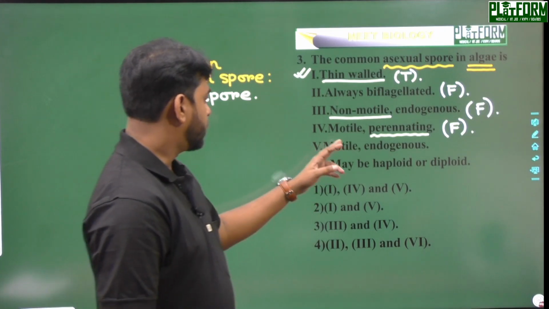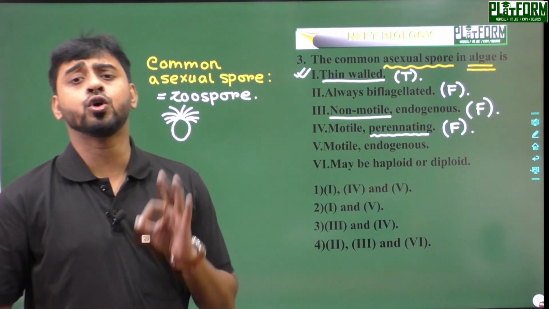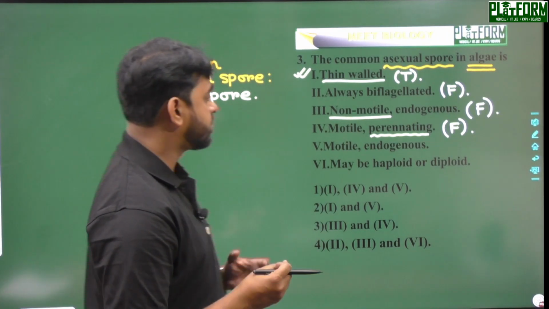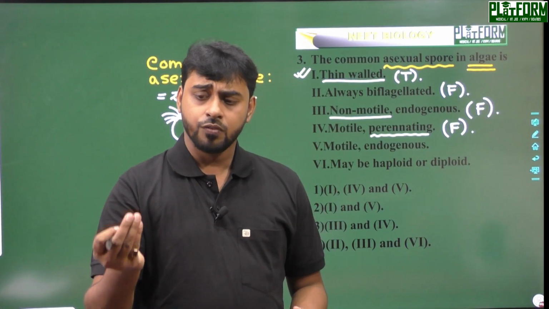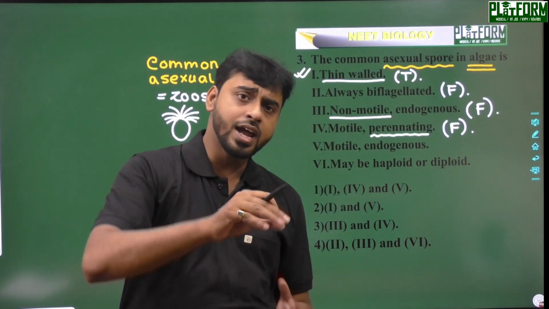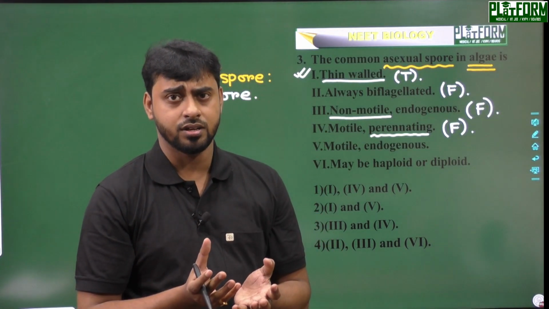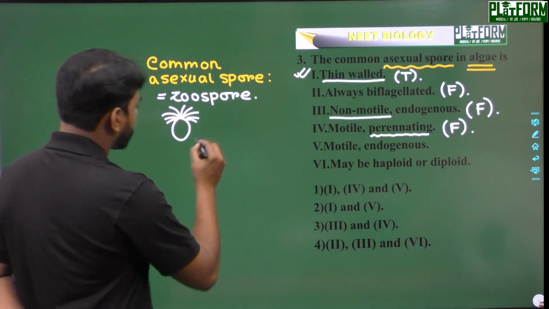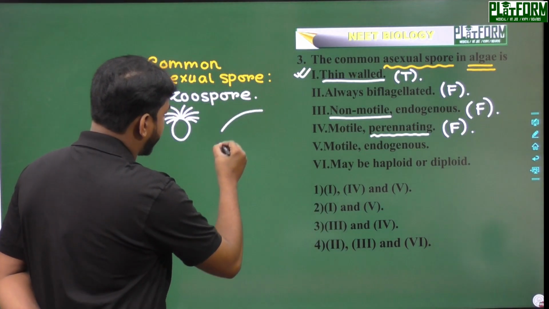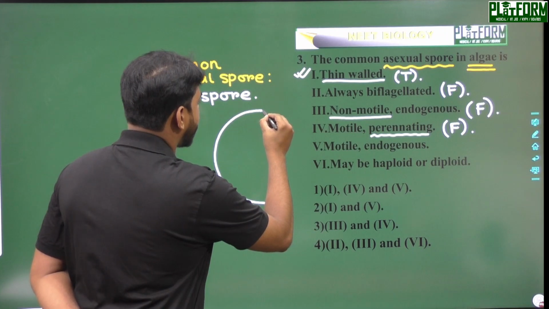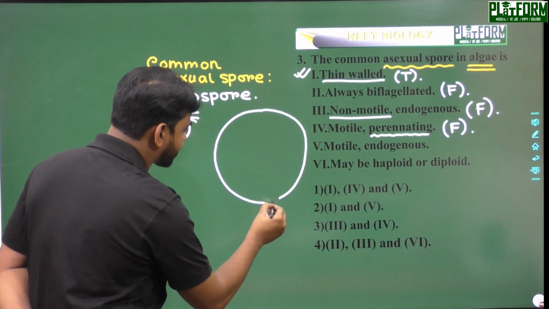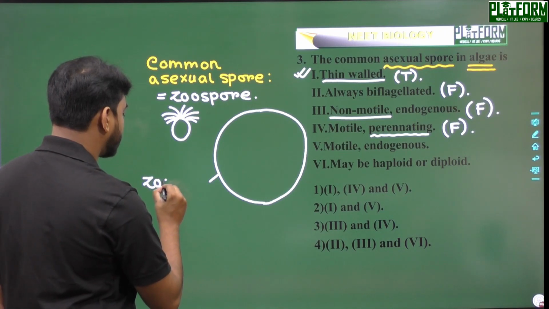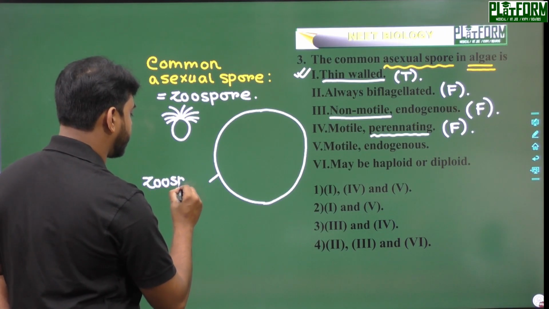Next one, motile and endogenous. What is the meaning of endogenous? Endogenous means something which is developed inside a sac-like structure. We know that the zoospores are developed inside a sac-like structure, and this sac-like structure is known as zoosporangium.